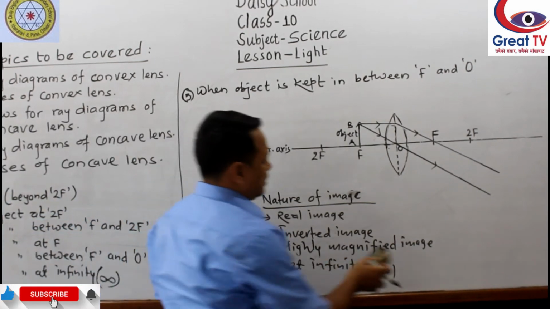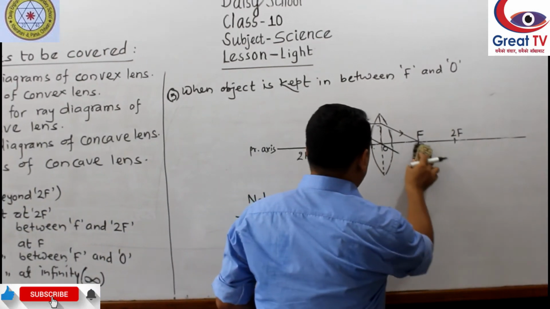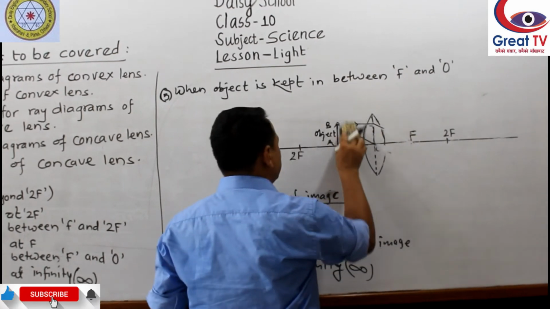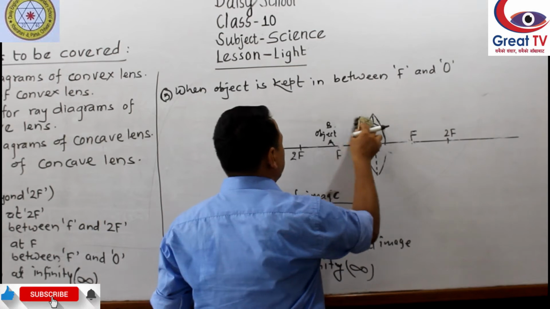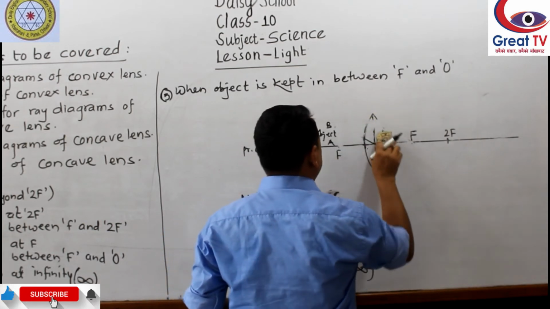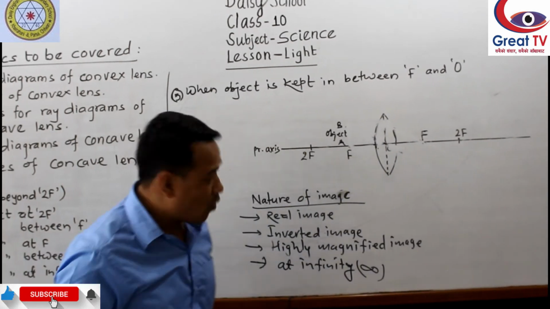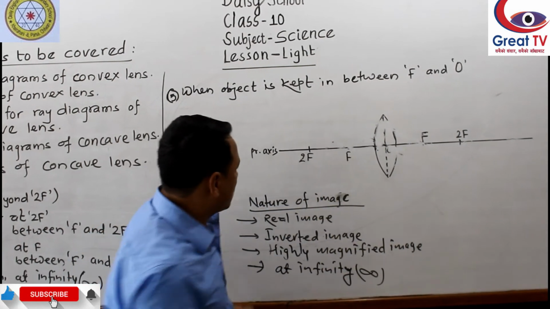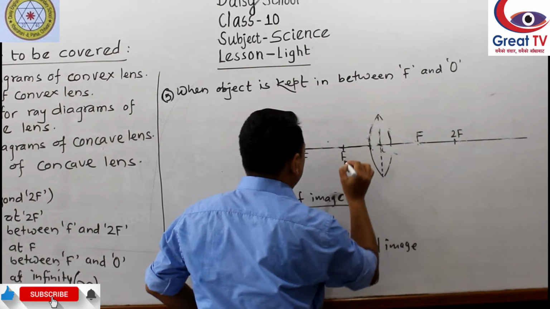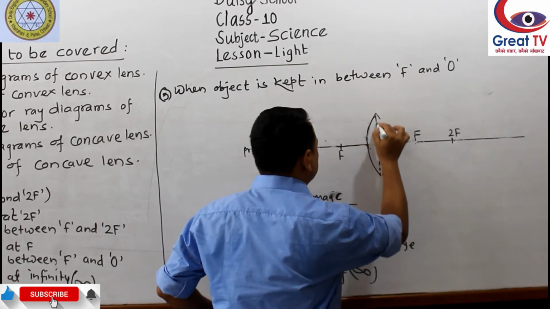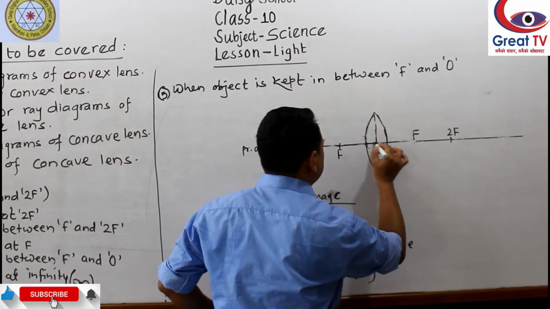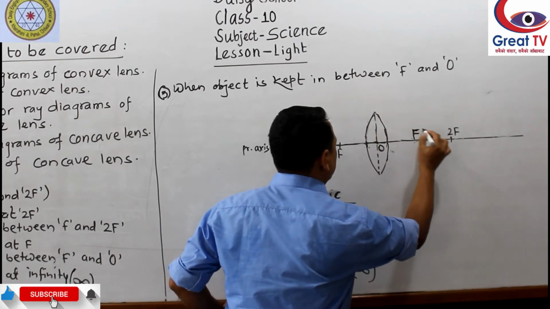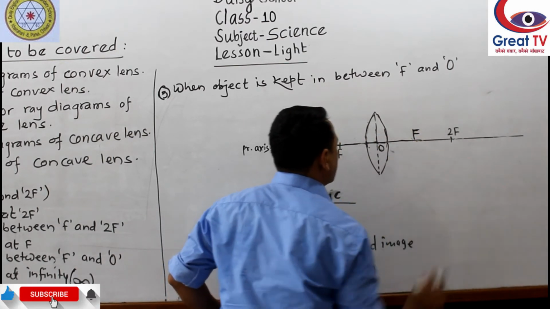So let's draw the ray diagram by keeping the object in between F and O. Here is the F position, the optical center, the principal focus point.